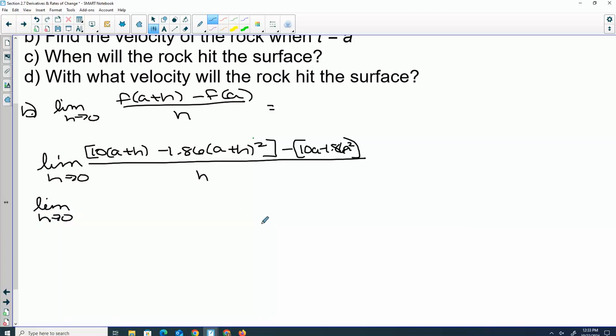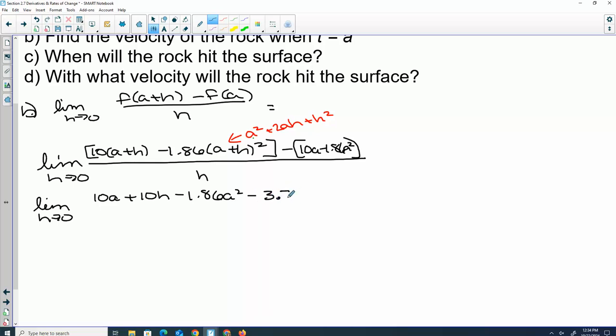Okay, so I am distributing. This becomes 10A plus 10H. The A plus H squared would turn into A squared plus 2AH plus H squared. Can I go ahead and distribute my negative 1.86 through there? So minus 1.86A squared minus 1.86 times 2AH.